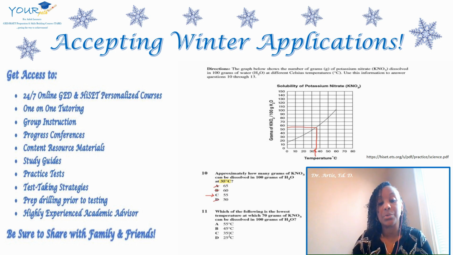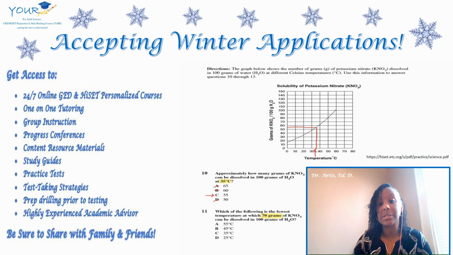And so now we can come down to question number 11, and we have: which of the following is the lowest temperature at which 70 grams of potassium nitrate can be dissolved in 100 grams of water. Okay, so now which of the following is the lowest temperature? So in this particular case, we're looking at the temperature for which 70 grams of potassium nitrate can be dissolved in 100 grams of water.